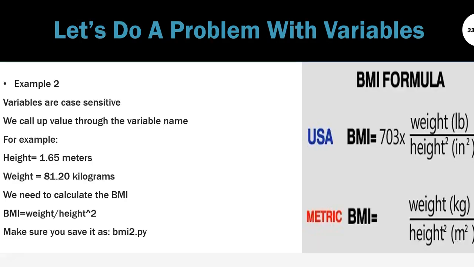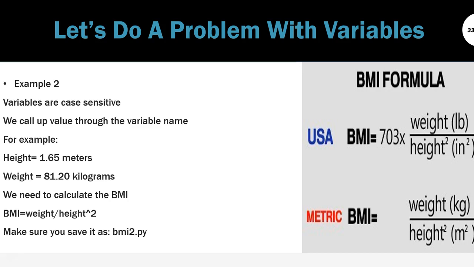Now, example 2, we have the BMI formula. Your job is to choose either the USA BMI formula or the metric BMI formula. Whatever you choose is fine, but just make sure that you're consistent. In this slide, I have chosen the metric BMI just because I think it's easier.